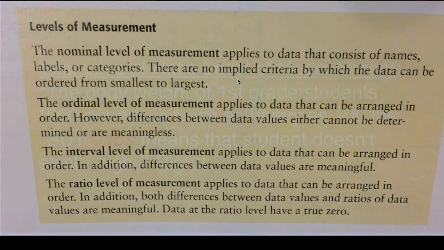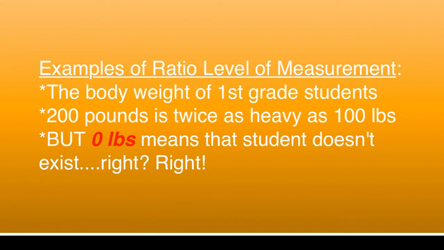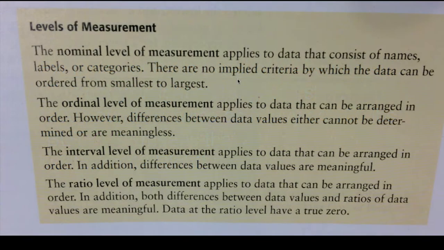For example, using body weight in first grade students, the body weight is continuous ratio data. Another way, 200 pounds is twice as heavy as 100 pounds. However, 0 pounds would mean that the person does not exist. So that's kind of a way to determine whether something is a ratio level of measurement. Now, let's go back to the problem and answer all those questions.